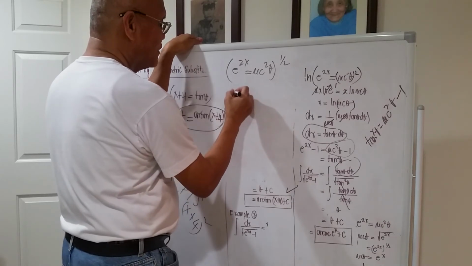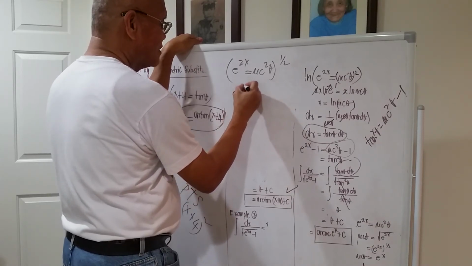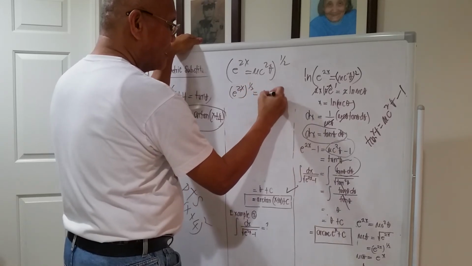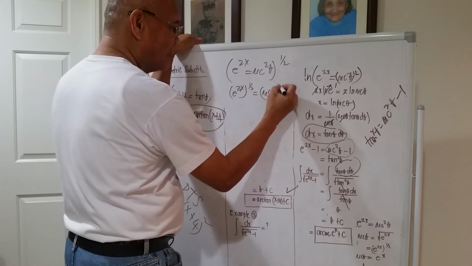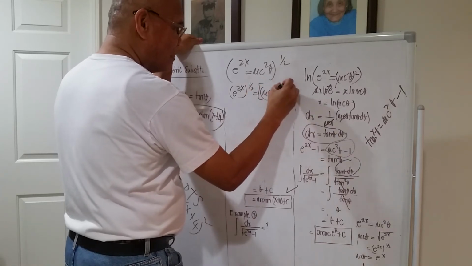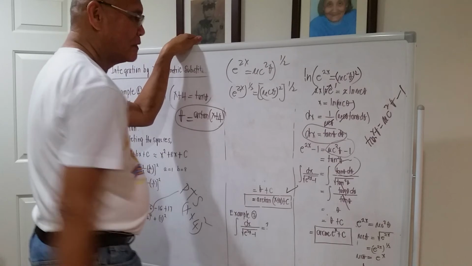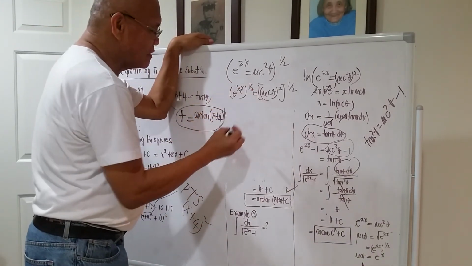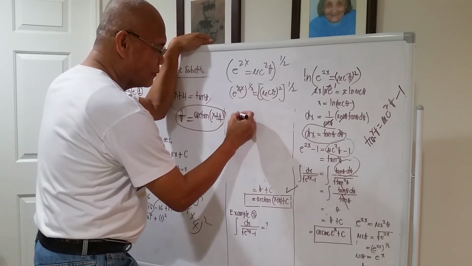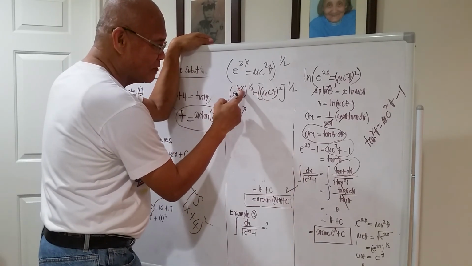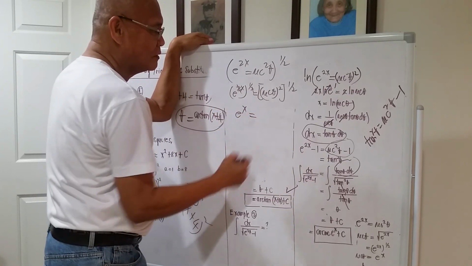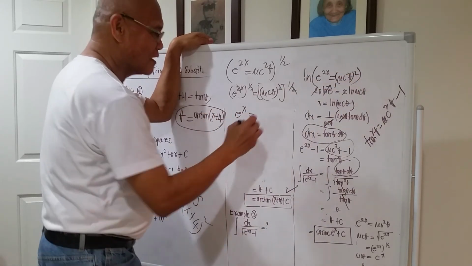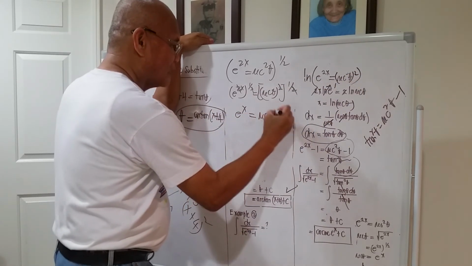So e to the 2x raised to the 1/2 equals secant of theta quantity squared, raised to the 1/2. We take the square root of both sides. These two cancel with this. What remains on the left hand side is e to the x. It is now simply x equals, these two cancel with this, what remains on the right hand side is secant of theta.